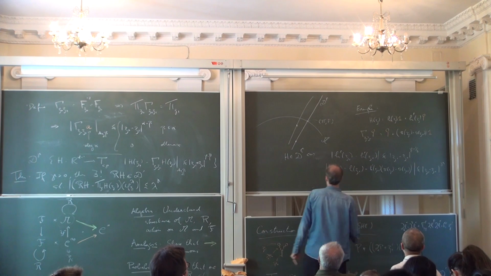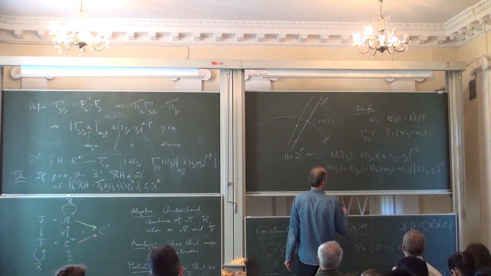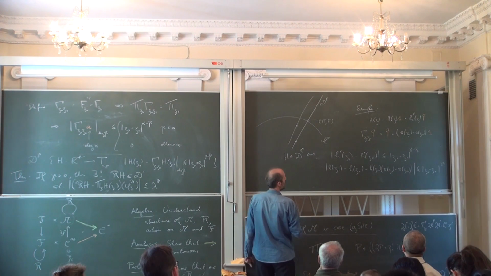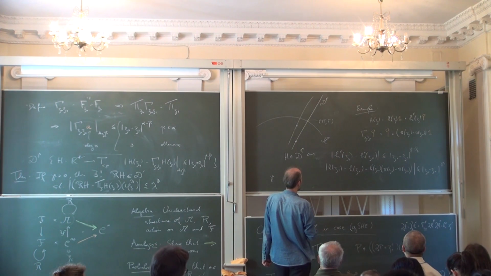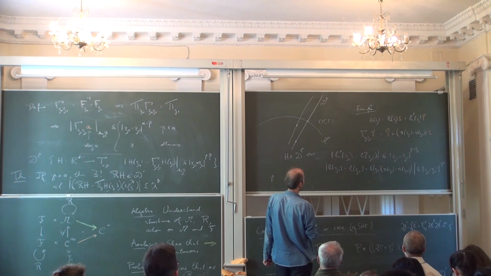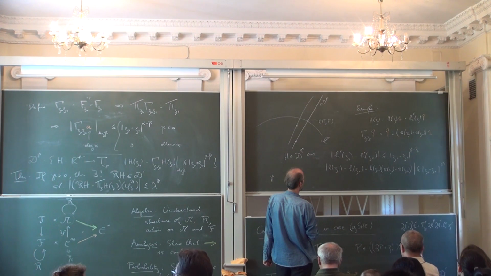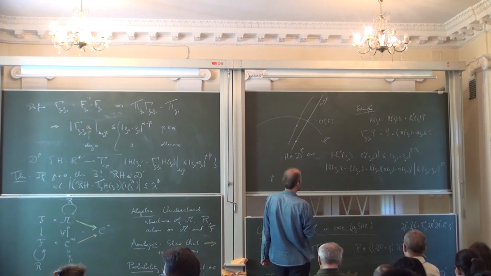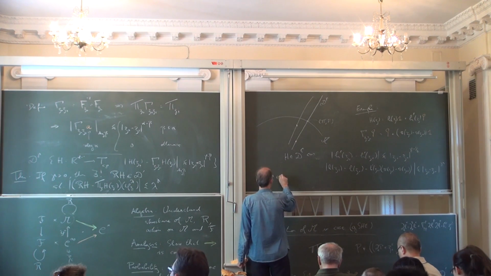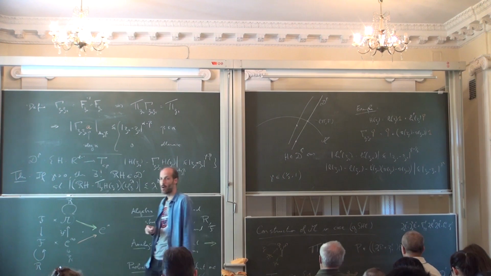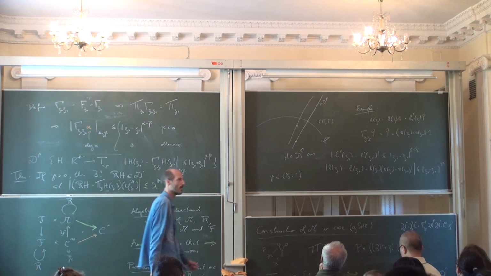And so now take some gamma somewhere between a half and 1.